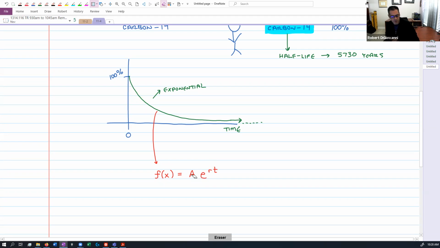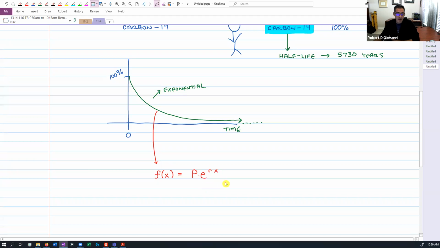Oh, you know what? Let's use P. That way it'll look like the shampoo formula, and it won't look like I'm creating something new. This is something we've used before. Oops, I need to make the T an X, sorry, because I'm using X here. So we know that this exponential function is going to look like this.